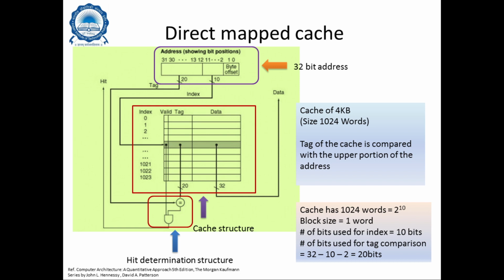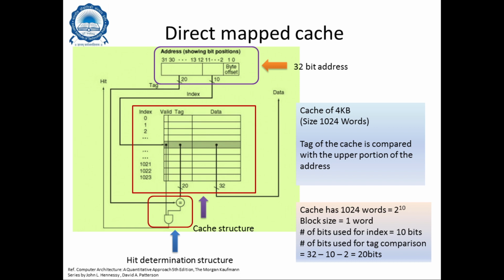If the valid bit is on, then we know that it's a hit, that is, the data is present inside the cache. Once the hit determination is done, the data from that respective cache index location will be sent to the processor. So this 32-bit information goes to the processor after the hit determination process is over.